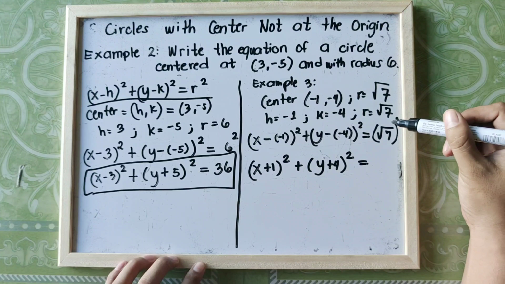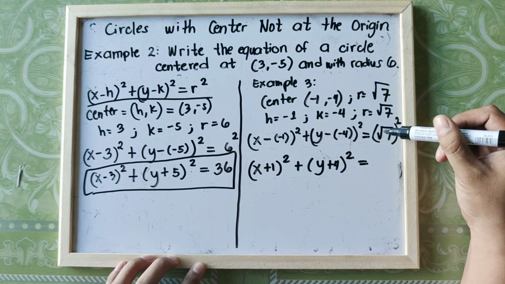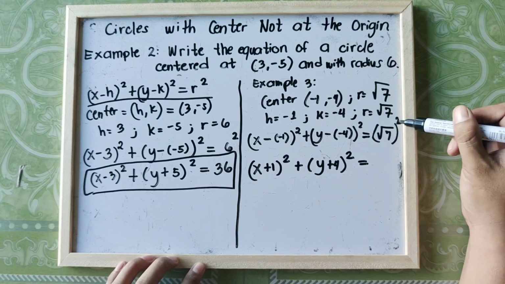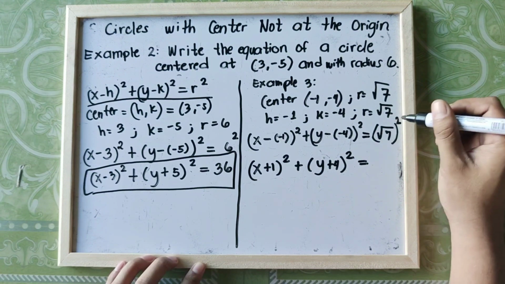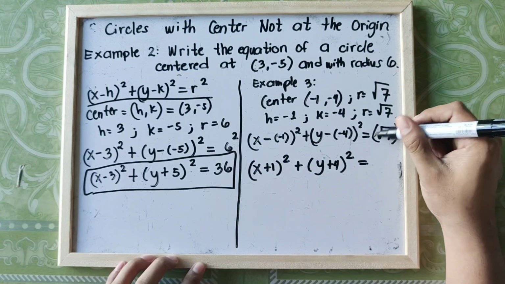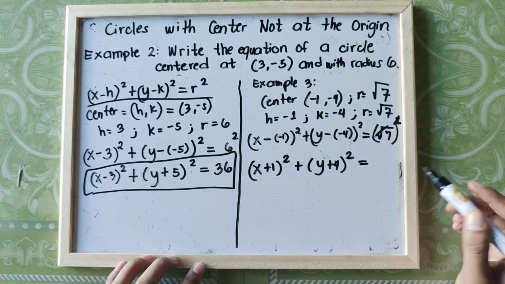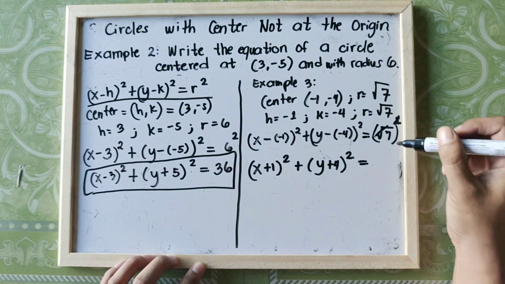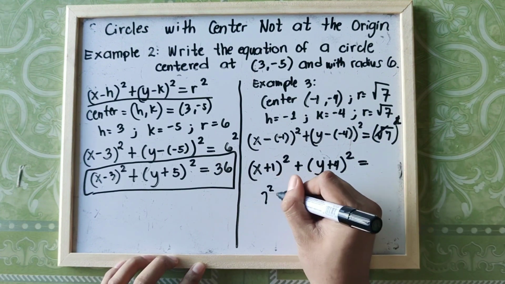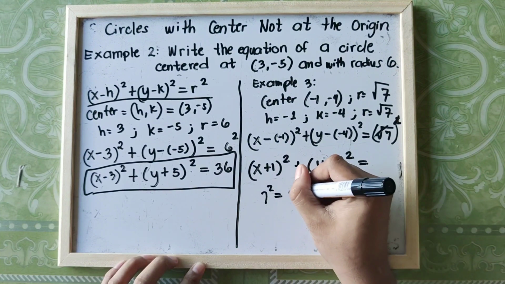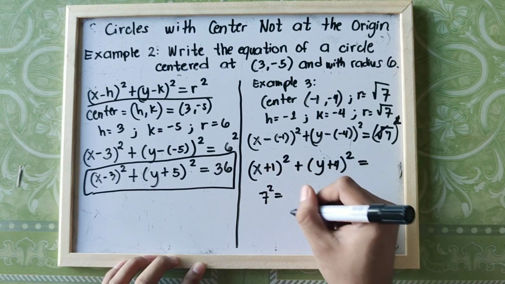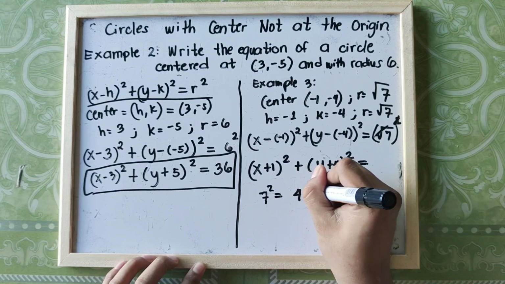This is one of the unique operations of mathematics because if you have seen the square root and the square, automatically it will be cancelled. Why? Because if we square 7, 7 squared is 49, right? 7 times 7 is 49.